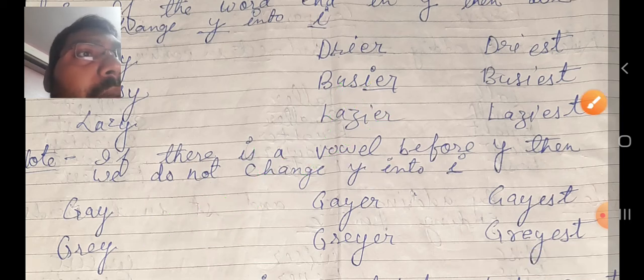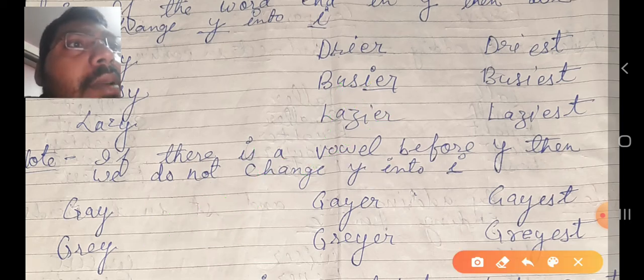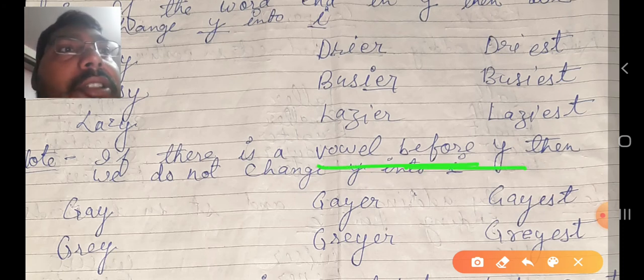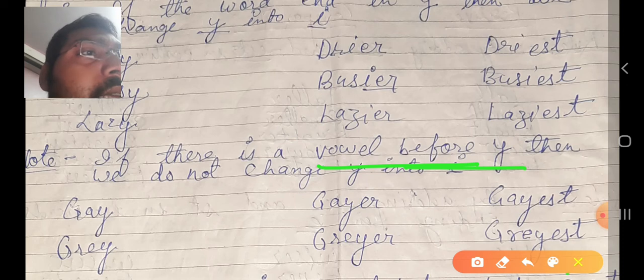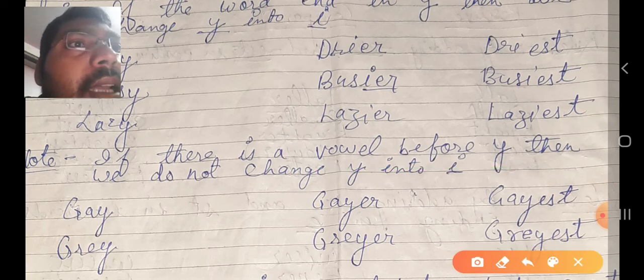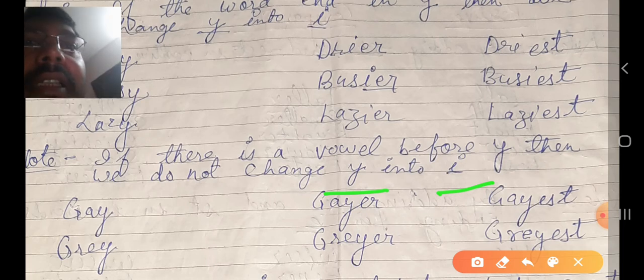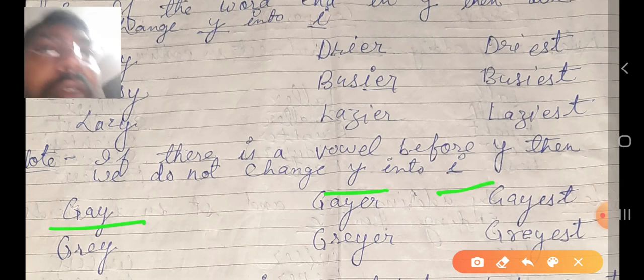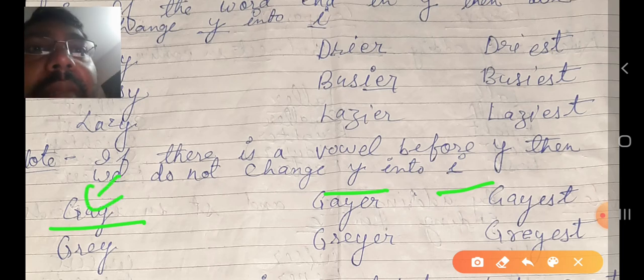If there is a vowel before Y, then we do not change Y into I. Now you can see there is a word gay, G-A-Y, before Y there is A, which is a vowel.